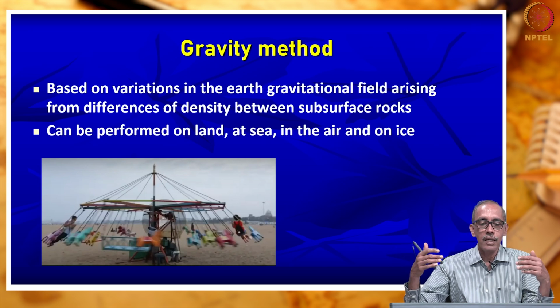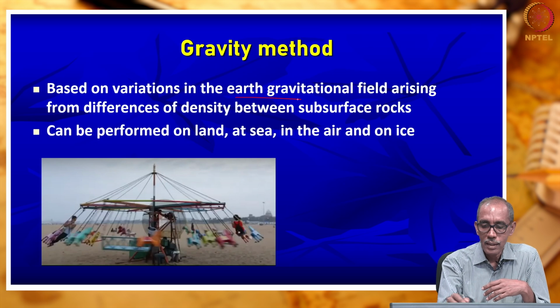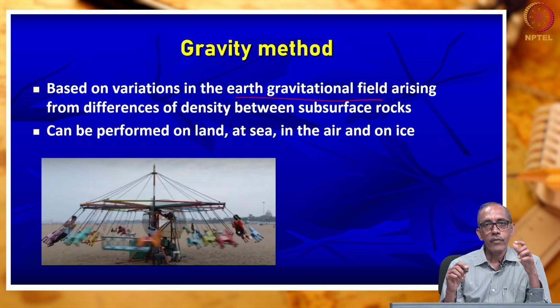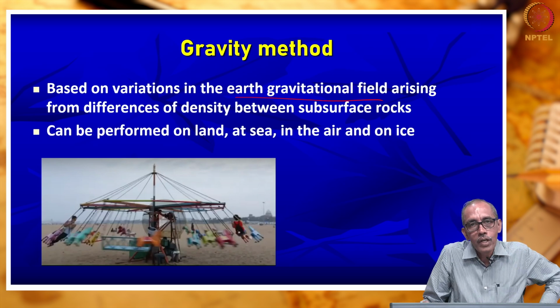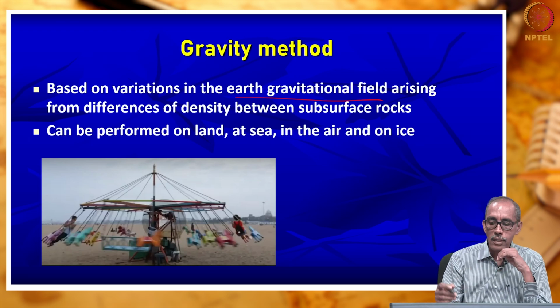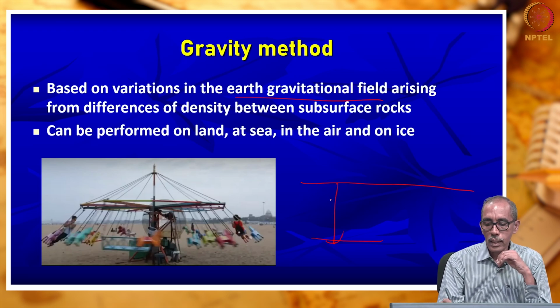In gravity method, we are going to measure the Earth's gravitational field. What we are looking for is that the Earth's gravitational field will change due to the difference in the density of rocks. As I told you previously, beneath the surface you have a very thick, let us say half a kilometer of gold.